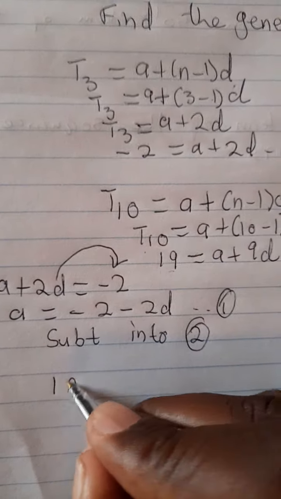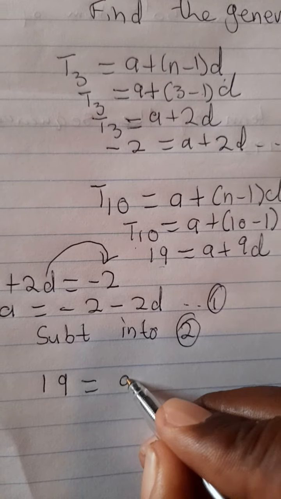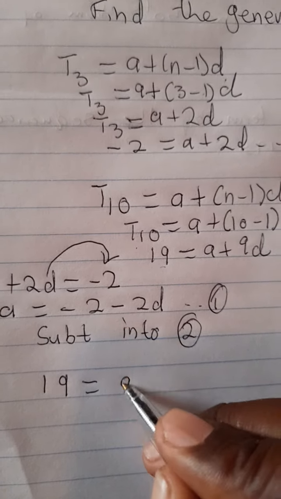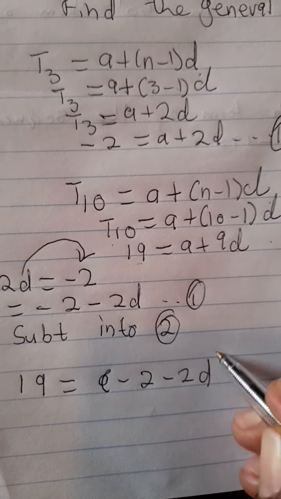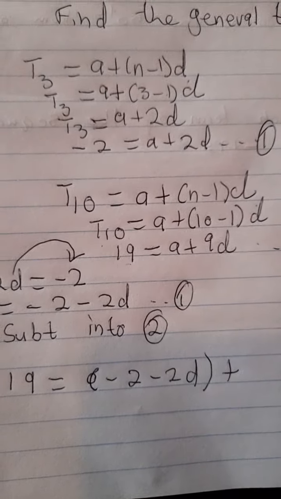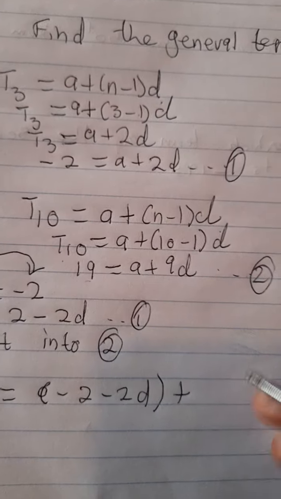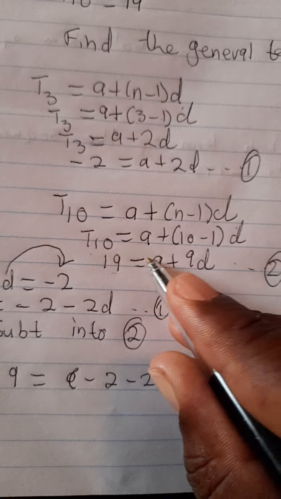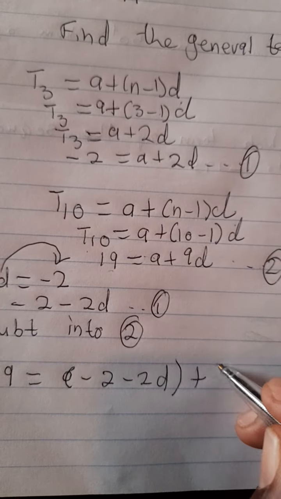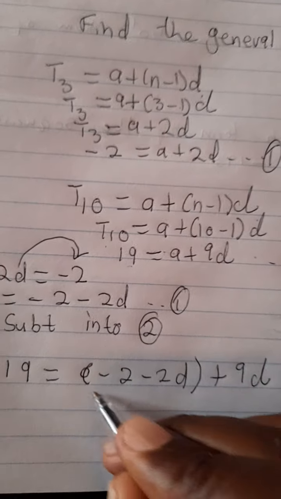So let's go to equation 2 and we plug it in. Where we see a, we put -2 minus 2d there, therefore it will be plus 9d here.